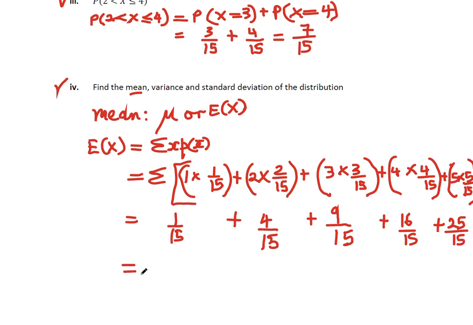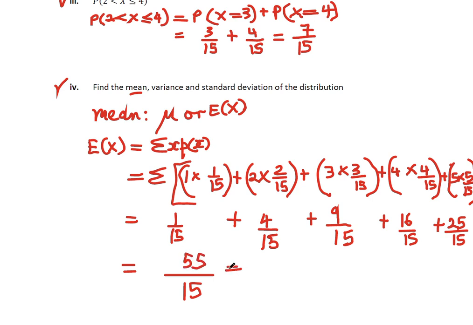Then we're going to simplify this, again, because there's a common denominator of 15. We just write back that common denominator, and then we add the numerator values. When we add the numerator values here, we get 1 plus 4 plus 9 plus 16 plus 25, and that is going to give us 55 divided by 15.